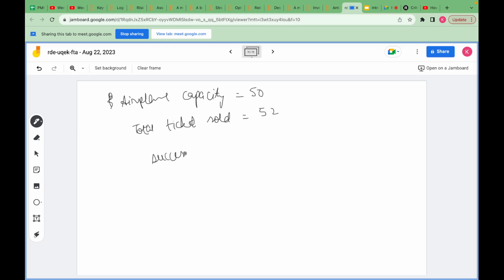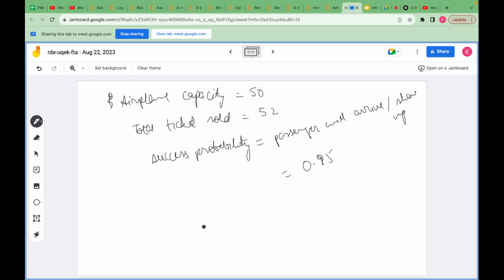The success probability, that each passenger will arrive or will show up, is 0.95.